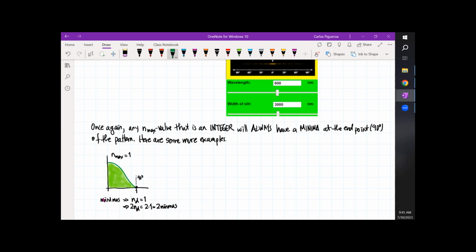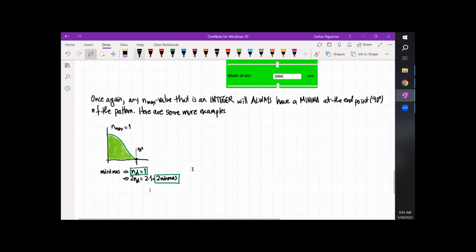So right away, I have this pattern right here. And just by looking at this pattern, when I go to the maximas, NC, its first value is 1.5.